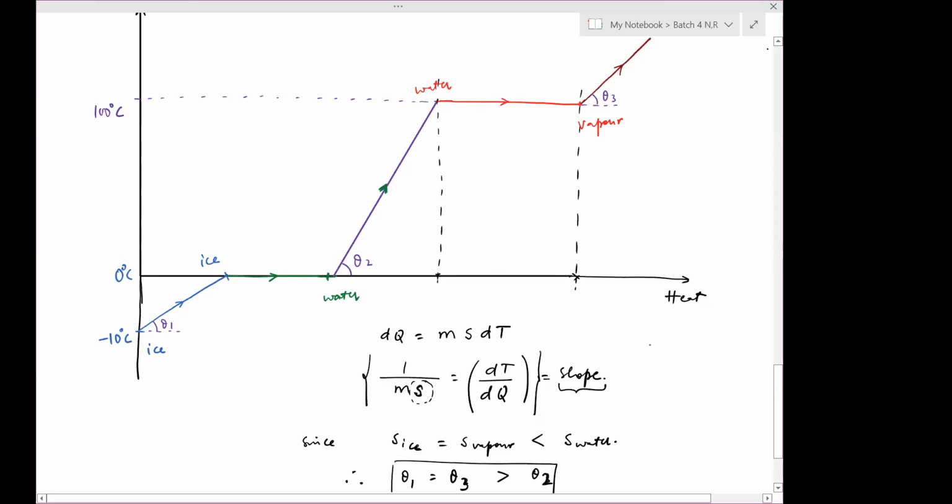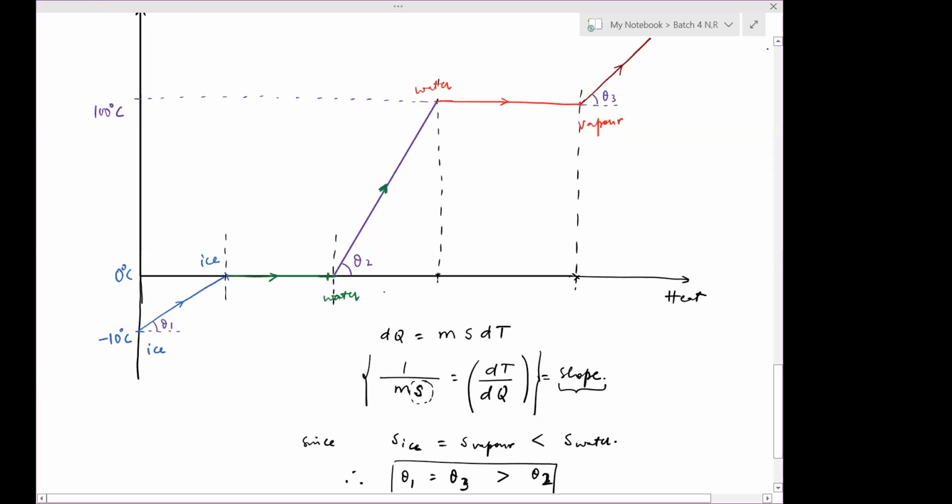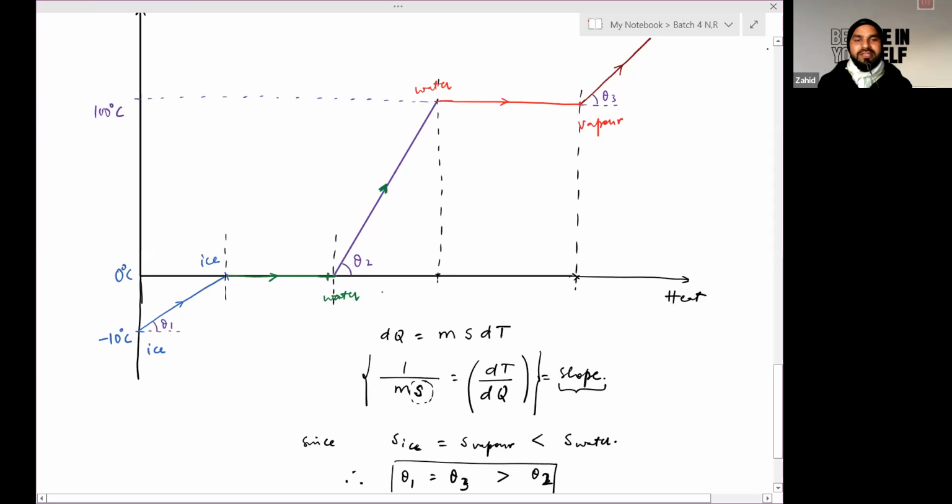Vapor. So vapor will cause more severe burn than water at the same temperature. Similarly, at this point, ice and water at the same temperature, 0 degrees Celsius, which will have more cold energy, water or ice? Ice. So ice will cause more effective cooling as compared to water at the same temperature.